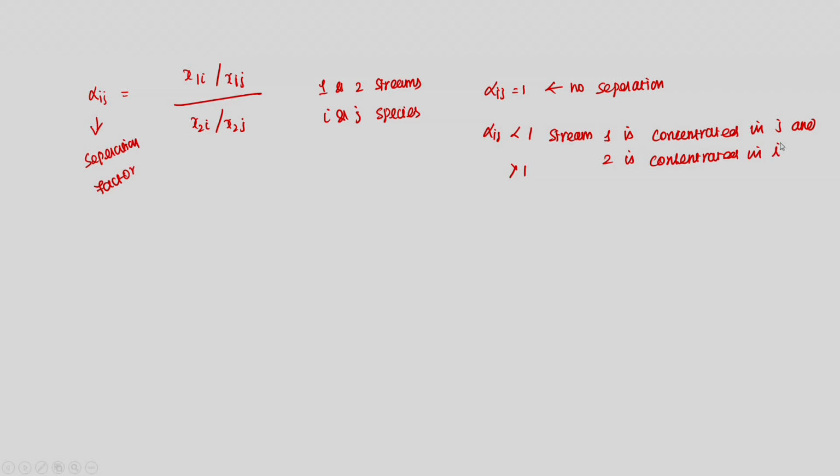So, this is high and it is also high, so that your denominator would be dominating. So, you will have alpha ij as less than 1.